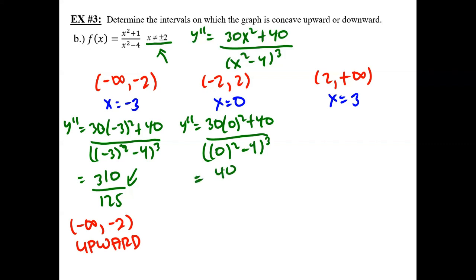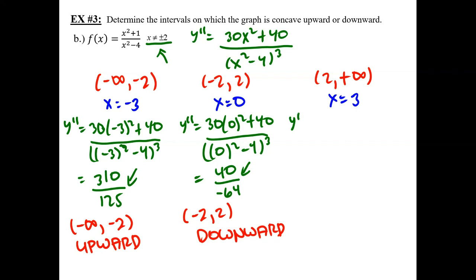So 40 over negative 4 times negative 4 is 16. 16 times negative 4 is negative 64. So positive times negative is negative. So kahit i-simplify nyo yung fraction natin, magkakaroon tayo ng negative na sagot. So ang interval natin na negative 2 and 2, meron tayong concave downward.